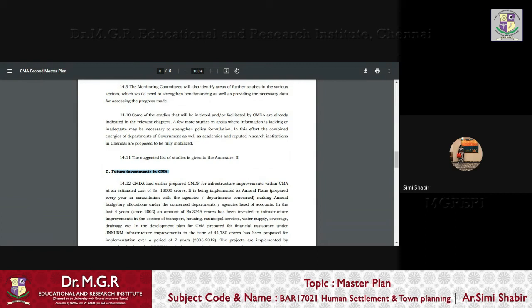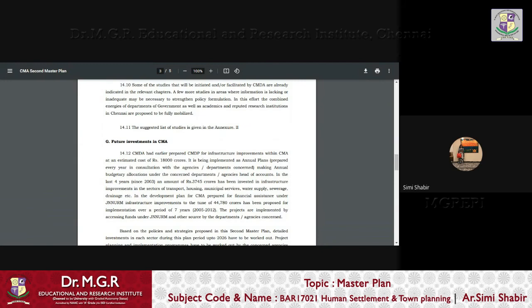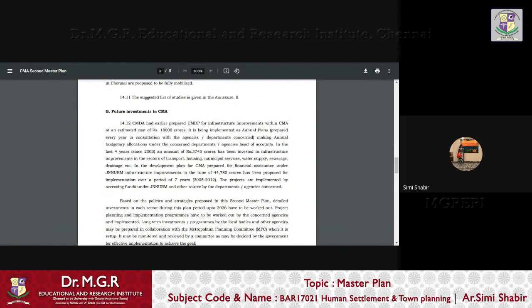It is being implemented as annual plans prepared every year in consultation with the agencies and departments concerned, making annual budgetary allocations under the concerned departments, agencies, etc. In the last 4 years, that is past 2003, an amount of rupees 3,745 crores was invested in infrastructure improvement in the sectors of transport, housing, municipal services, water supply, sewerage, drainage, etc. In the development plan for CMA prepared for financial assistance under JNNURM, that is the Jawaharlal Nehru Urban Renewal Mission, infrastructure improvements to the tune of 44,780 crores were proposed for implementation over a period of 7 years.